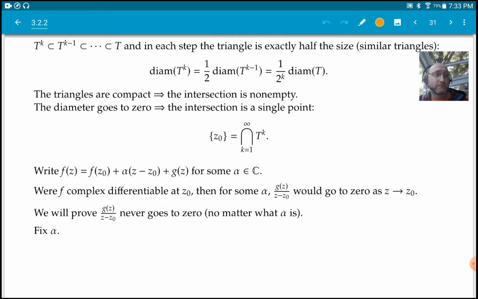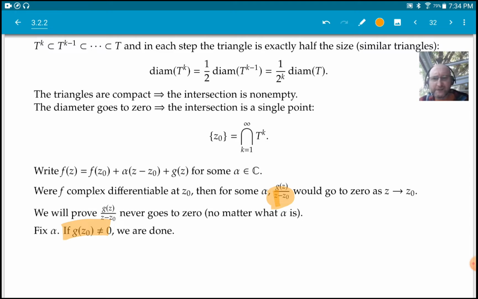Now, let's fix some specific alpha. If g at z0 is not 0, we're done. It's clearly not going to 0, because for this to go to 0, the denominator goes to 0, so the numerator had better go to 0 as well.